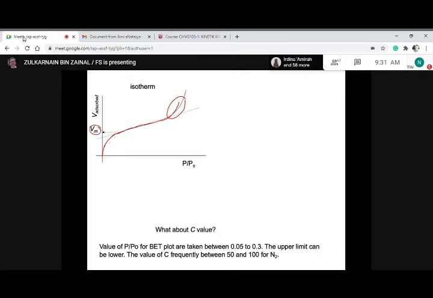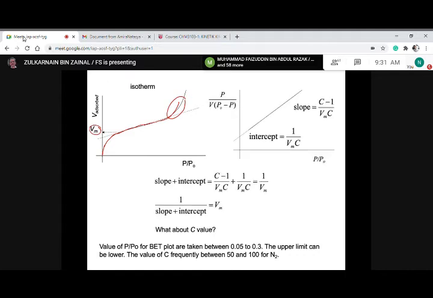This BET adsorption is more relevant to physical adsorption. So that's why people are more interested to use this BET isotherm rather than the Langmuir isotherm for the case of physical adsorption.